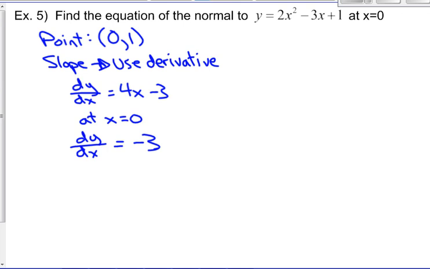What does that mean? It means that when x is 0, the slope of the tangent is negative 3 on that original curve. And if we take that one step further, since this is asking about the normal, the slope of the normal would be the negative reciprocal. So negative negative makes a positive. Flip this over and we get 1/3.